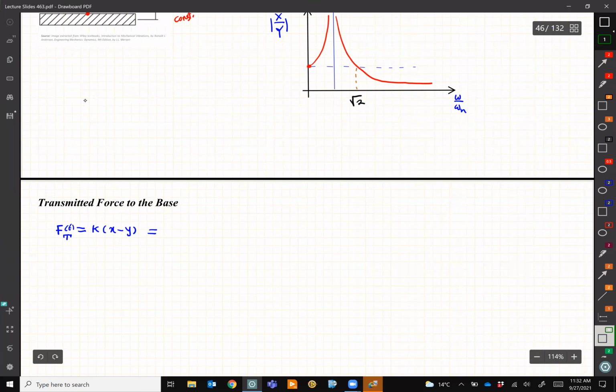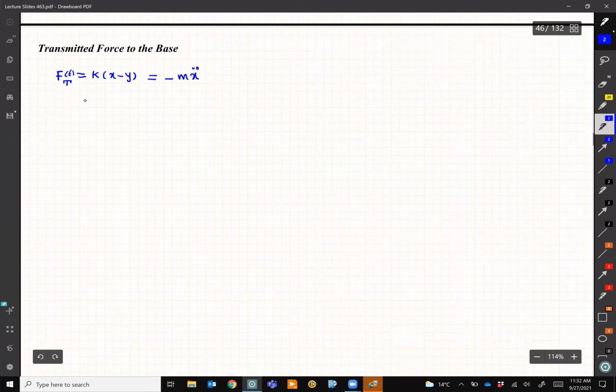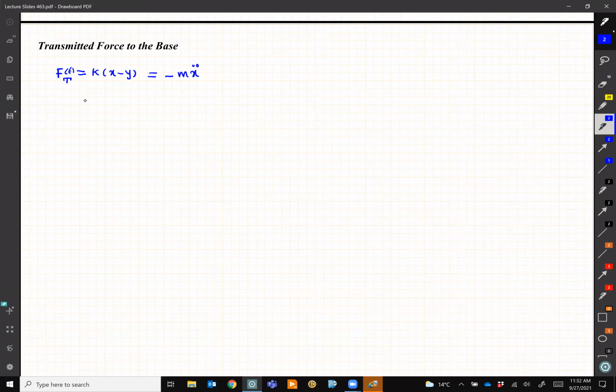Let me substitute that one there, and I have a minus m x double dot. Okay, so far good. So this is a force that I have. I call it Ft in order not to get confused, and I know it's a function of time.